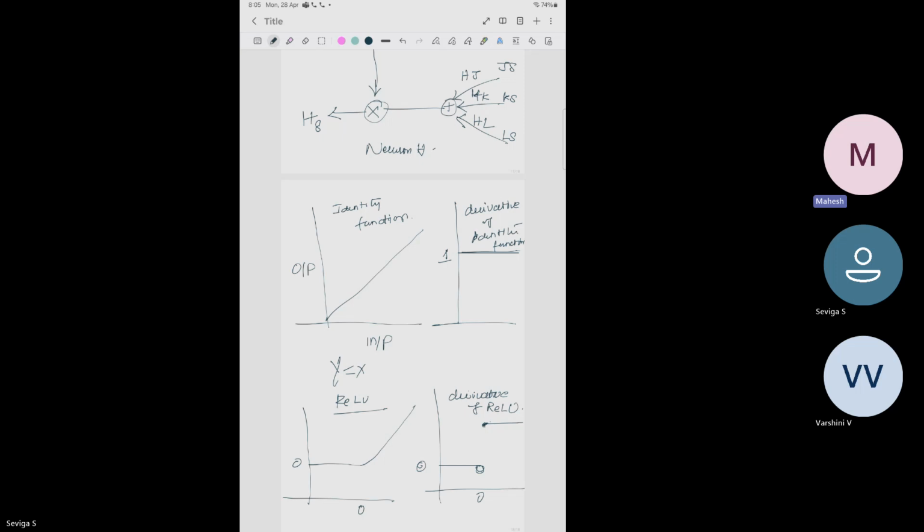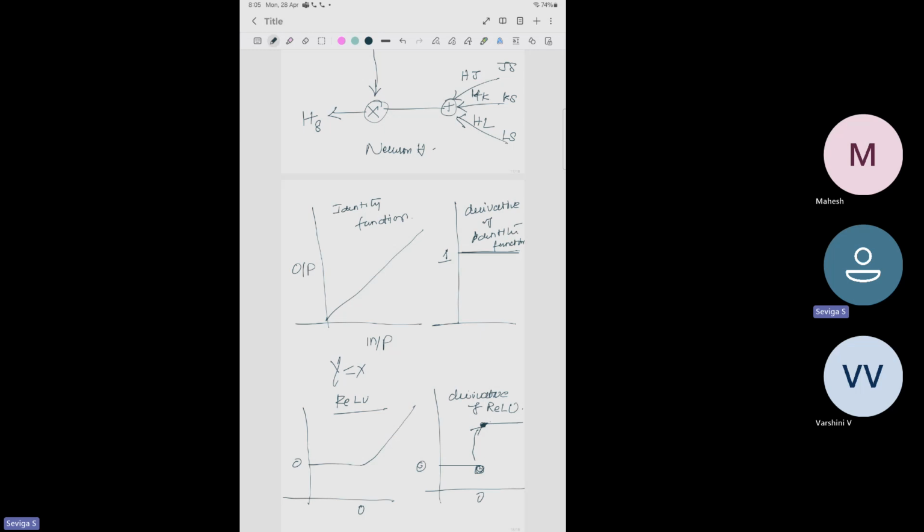Is there a sudden jump here, so should it be a perpendicular line, ma'am? I have included a filled dot at 0 and an unfilled dot, which means this point is not included and this point is included. They are not continuous. Got it, ma'am.